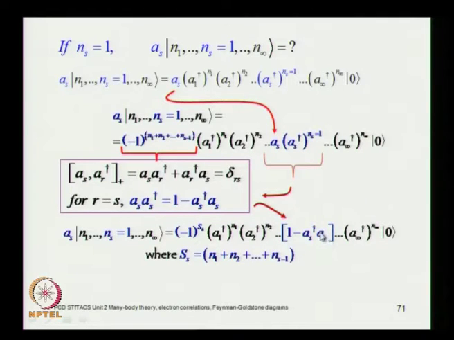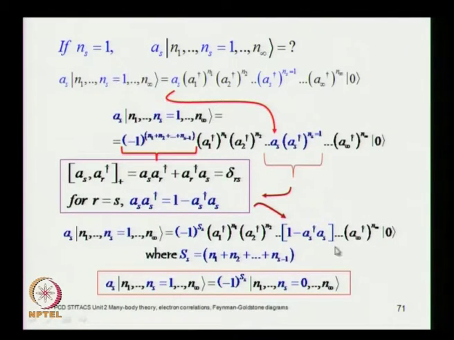And then you have got As operating on the occupation number vector to its right, but the occupation number vector to the right of this destruction operator certainly does not have an electron in the Sth state. So, that will give you a 0, just the way A2 operating on A3 dagger vacuum gave you a 0. Okay.